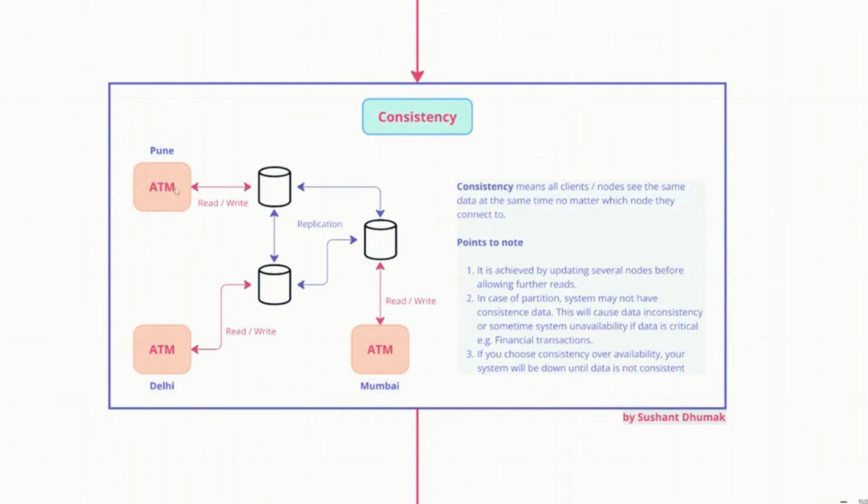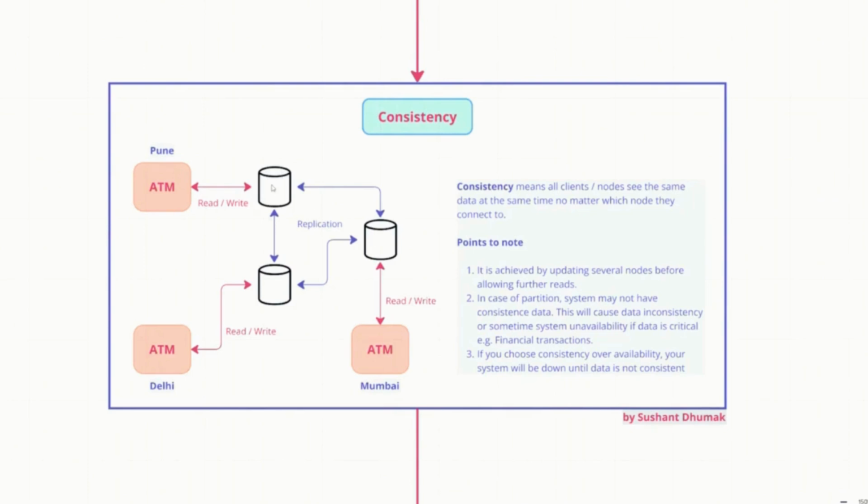Just imagine when I do the transaction at the ATM located in Pune, closer to my location, immediately the amount will get deducted from my account and credited to my friend's account. The full transaction will be written to some database, maybe closer to my ATM or my location.